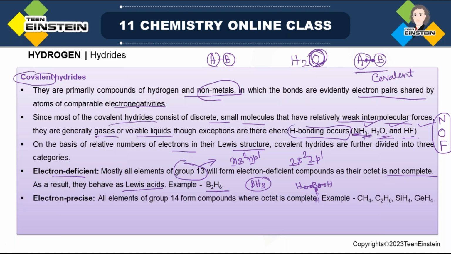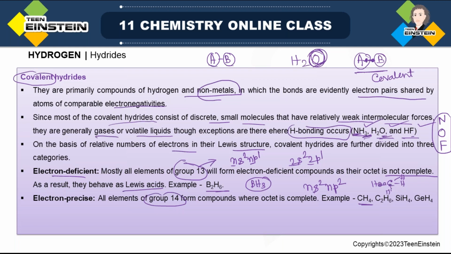The next category is electron precise. This is the category where you have a perfect 8 electrons, and it is possible only with group 14. For group 14, the general electronic configuration is ns2 np2, a total of 4 valence electrons. If you take the example of CH4, there are a total of 4 carbon-hydrogen bonds. Carbon is using all its 4 electrons for bond formation with 4 hydrogens.